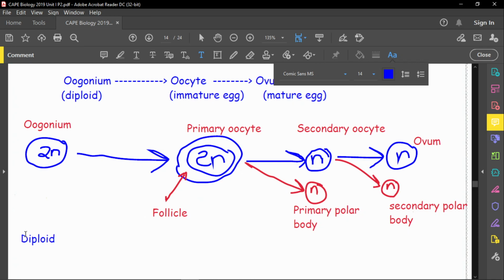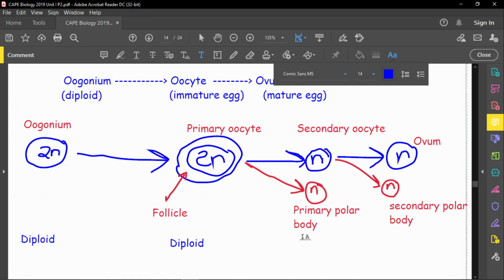Just to make a note of that, it's a diploid cell, which means it has the full number of chromosomes. And the primary oocyte is also diploid. So if they ask you to explain what process of cell division is taking place, then moving from a diploid to produce a diploid, that is mitosis. I'm actually going to label that as well.